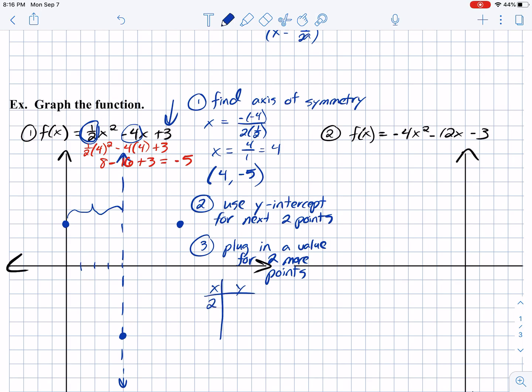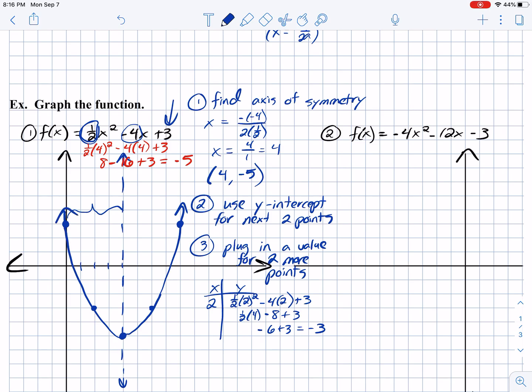If we plug in 2, 1/2 times 2 squared minus 4 times 2 plus 3. And we get our 4 times 1/2 minus 8 plus 3. So we get a negative 6 plus 3, which is negative 3. We can go graph that point at 2, negative 3, and then you have the same distance on the other side. That's 5 points for our parabola.